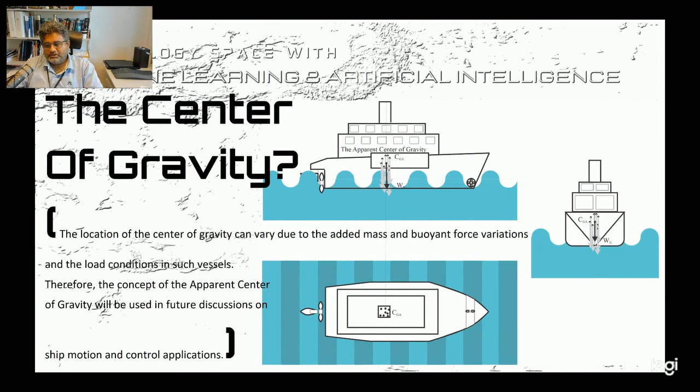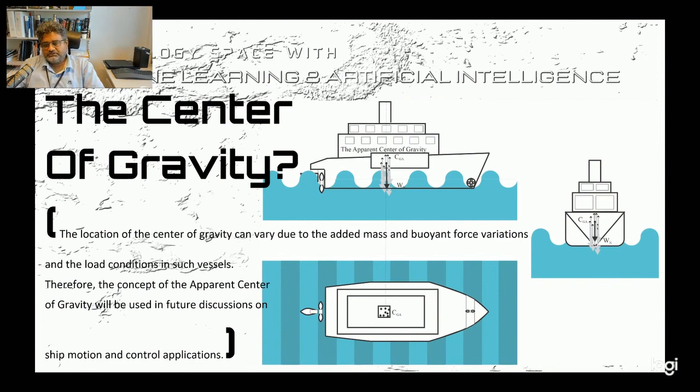All this combination could eventually change the weight distribution of these vessels. Due to that weight variation, the mass distribution in these vessels can also vary. So when you have a changed mass distribution, eventually the center of gravity location of these vessels can vary, not just due to the environmental conditions, but also due to the load conditions of these vessels.